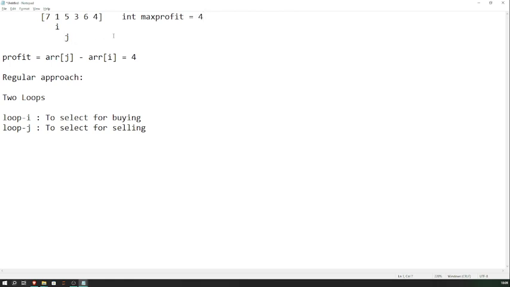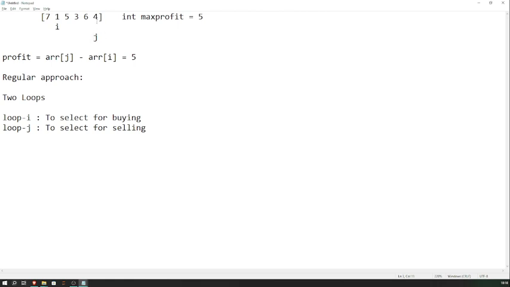Now we will take j plus plus. So 3 minus 1 is 2. Profit becomes 2, but still it is less than maxProfit, so maxProfit still remains 4. Then j plus plus, 6 minus 1 is 5. So profit becomes 5. Now maxProfit is less than profit, so we update, maxProfit becomes 5.